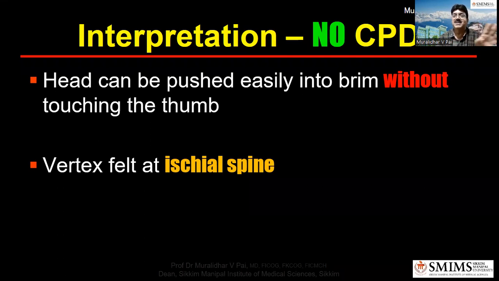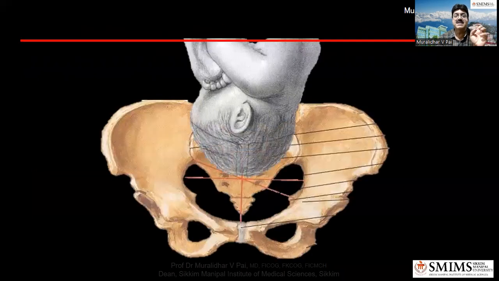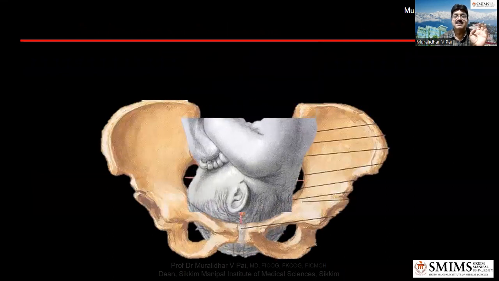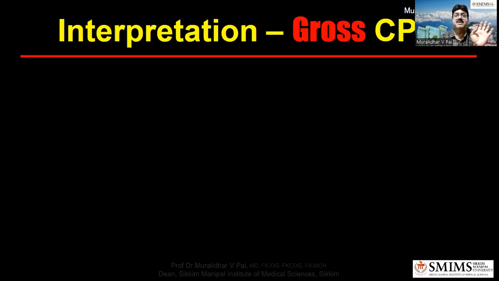No problem, no CPD. This baby can have vaginal delivery. I'm using the words can have vaginal delivery. It doesn't mean that it should have vaginal delivery, because vaginal delivery has so many other things. There should not be fetal distress, this and that. Now, as you can see here, it can go down as low as possible. So that means no CPD.